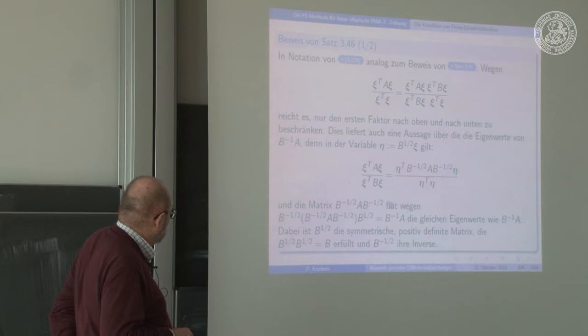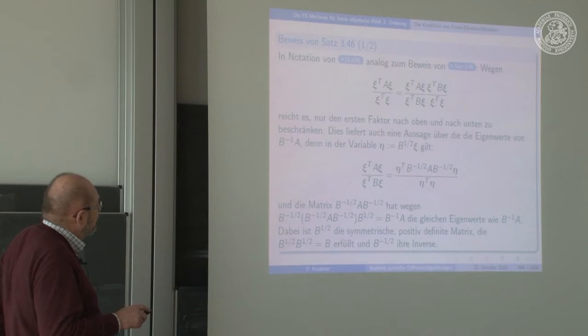But this matrix again is similar to the matrix B to the minus 1 A. Because if you transform with the matrix B to 1/2, so I have here the matrix B to 1/2, here the inverse, and you see this adds up to B to the minus 1. This here adds up to the identity, then I'm back and I get this matrix out.